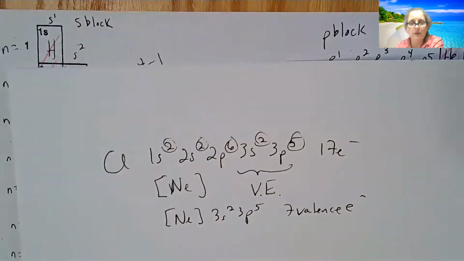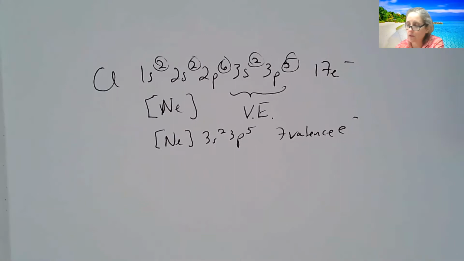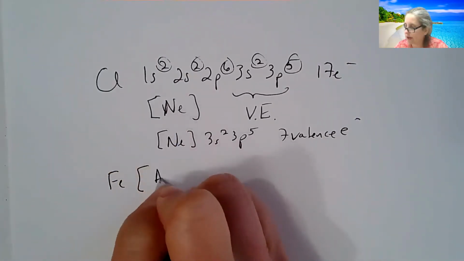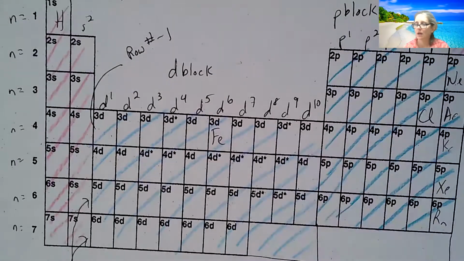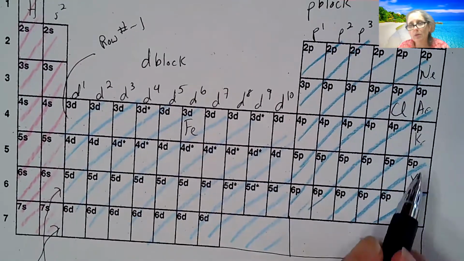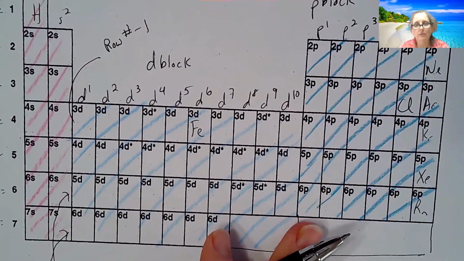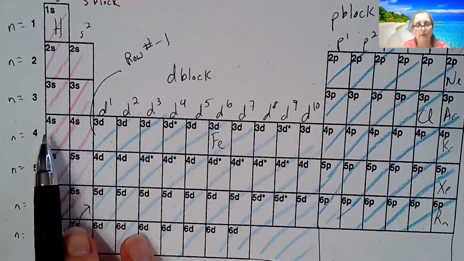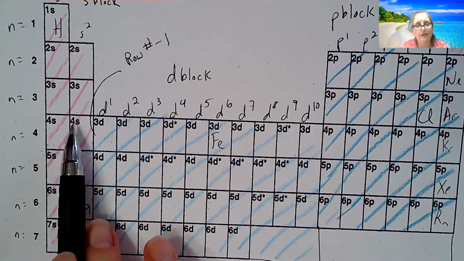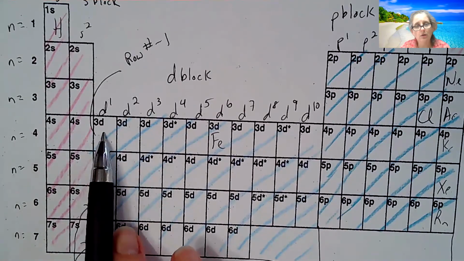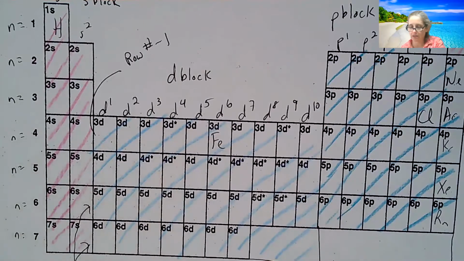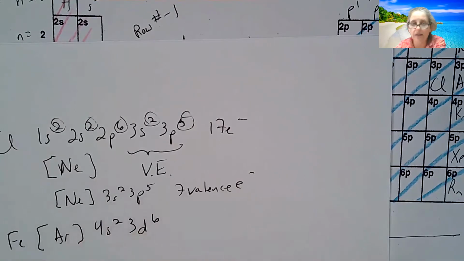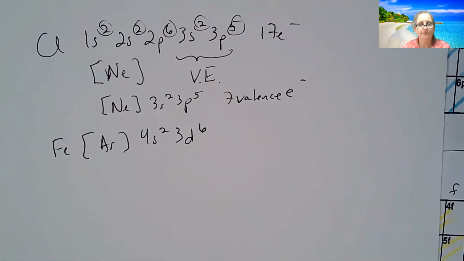So I'm going to go to my piece of paper and write down Fe is going to start with argon. Okay. All right. So then once I go past argon, now these are going to be what we call our valence electrons. So you go to this 4th energy level. You fill up the 4s. So you go 4s2, then you go 3d6.